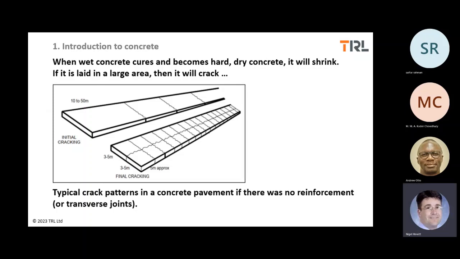So it's not about the water drying out, it's about the chemical reactions that take place within the concrete. And what you would normally get is cracks approximately every 5 meters transversely, and if it was wide, you get a big crack down the middle. So that is one of the problems of constructing a concrete road. So that's why we need joints.